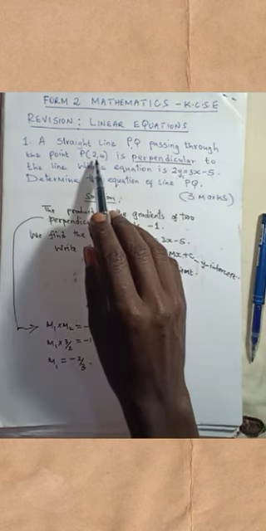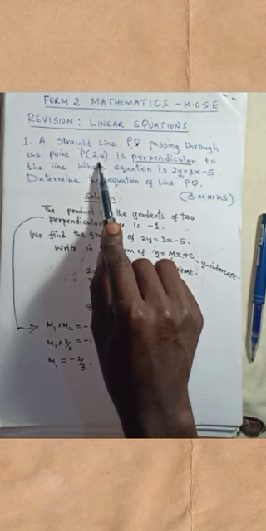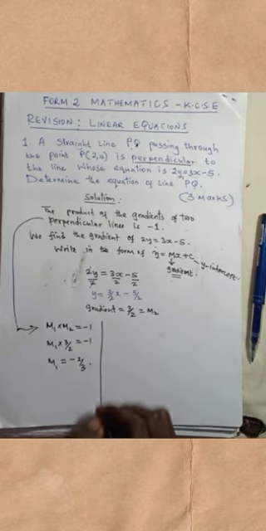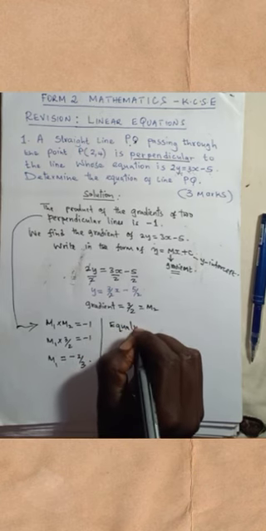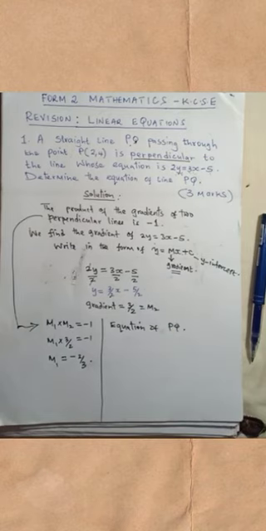Now that we know the gradient of PQ and we know the point where PQ is passing through, we can get the equation of that line. How do we get the equation of the line? We can get the equation of PQ by expressing the gradient.